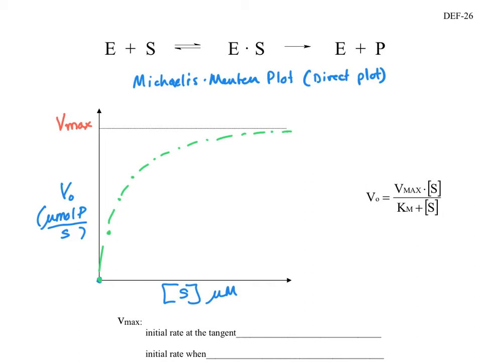Now, before we say anything further about this graph, I want to make a note about its shape. Its shape is something that we have seen before. Let me say it this way. We start at 0. You start at some slope, and the slope gets lower and lower and lower and flatter until it tangents at some maximum. Do you remember what we call that? This is called a hyperbola.